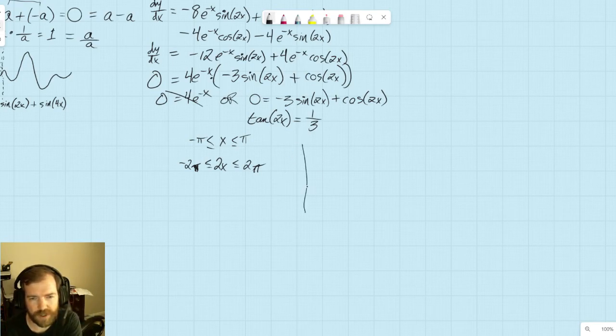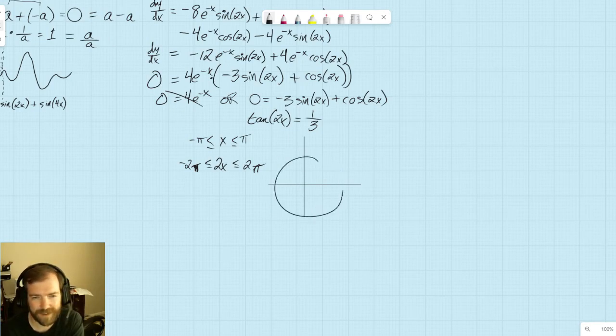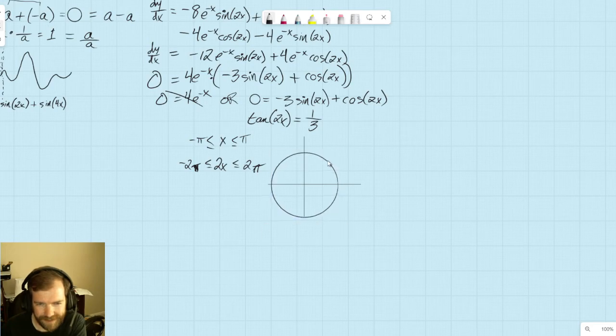And our tangent, oops, let's make straight lines, because that's way better. Now you're not going to straighten the circle? There we go. Close enough.